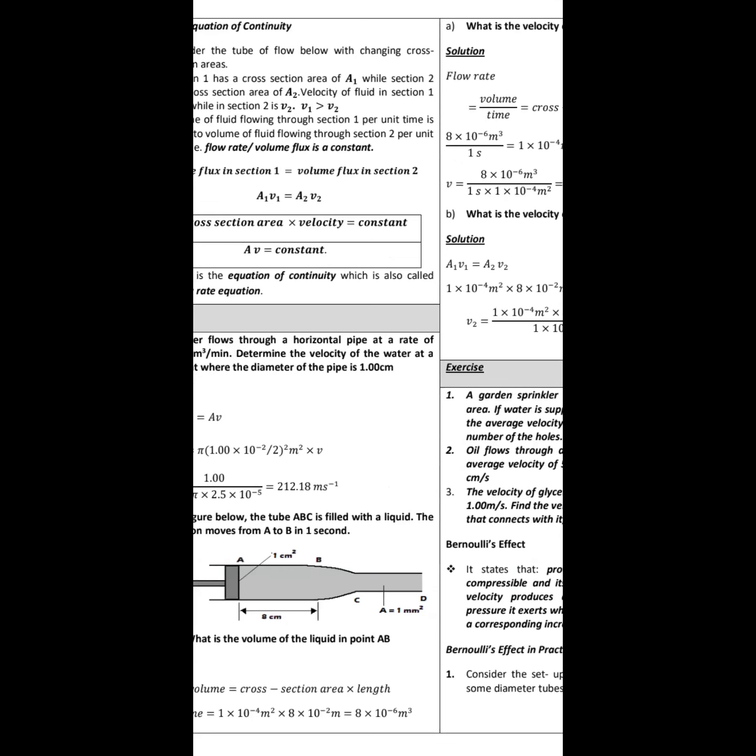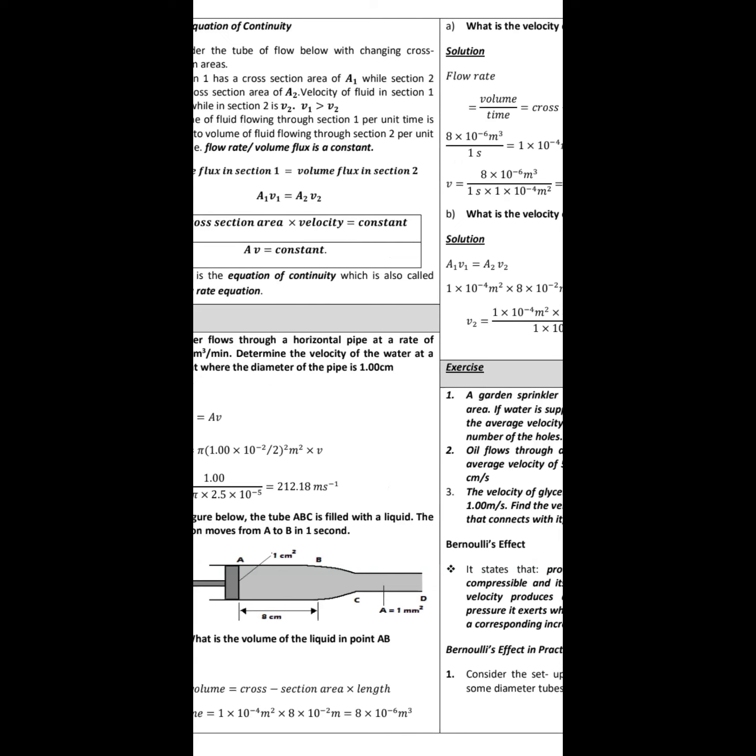So we change the 1 millimeter squared into meter squared. You can decide to change slowly by relating it with the centimeter squared. You know that 1 centimeter is equal to 10 millimeters. So, since it is squared, it will be 1 centimeter multiplied by 1 centimeter is equal to 10 millimeters multiplied by 10 millimeters.